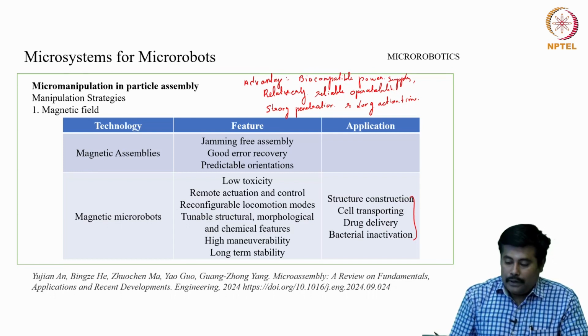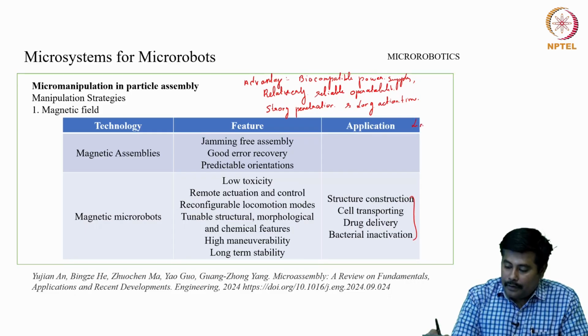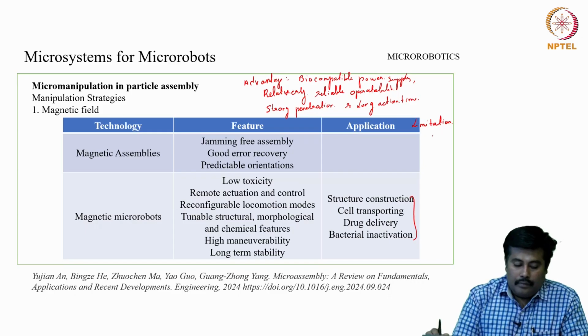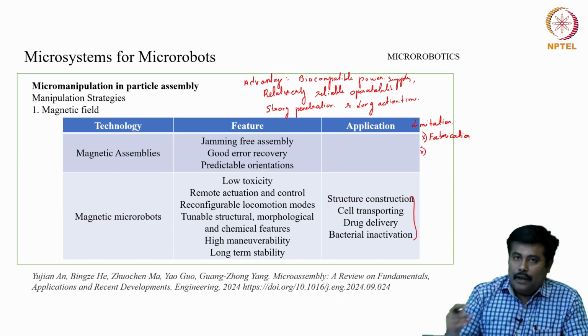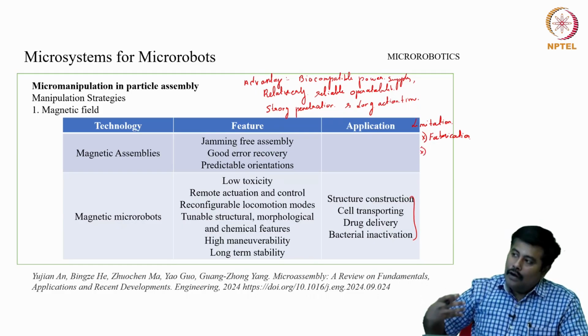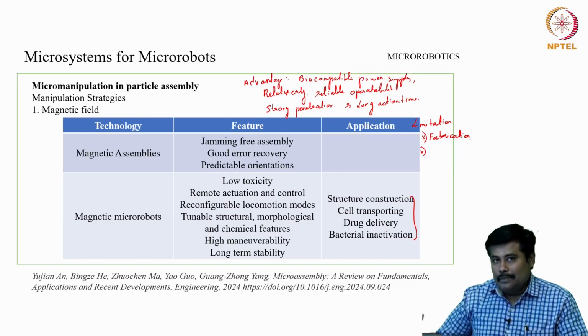However, from a limitation point of view, fabrication is considered to be one of the key challenges for such systems. Second, if you have a swarm of micro robots actuated with a magnetic field, it is quite easy to handle.